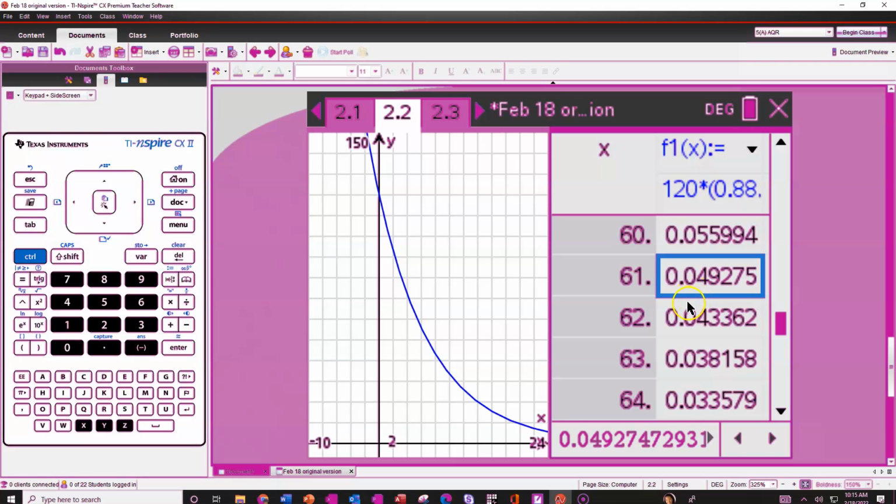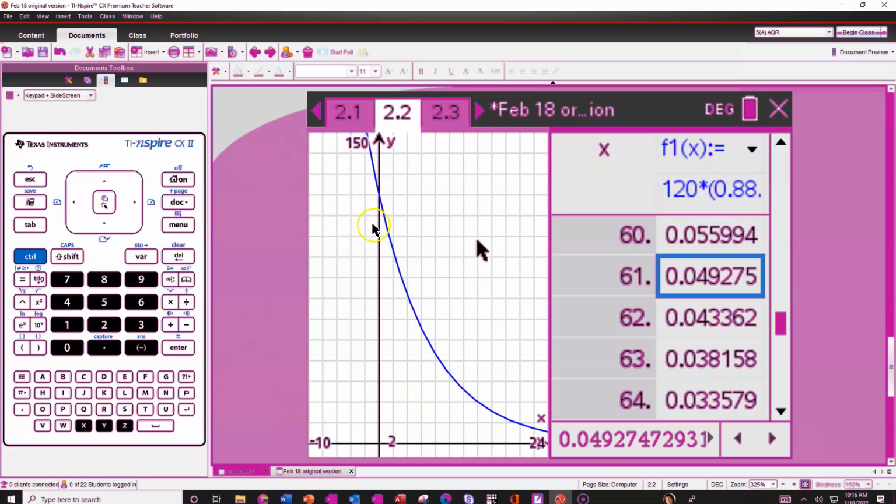Since that's 24 hours a day, it takes about 3 days to get out of your system from that 120 milligrams of caffeine, and that's just caffeine.